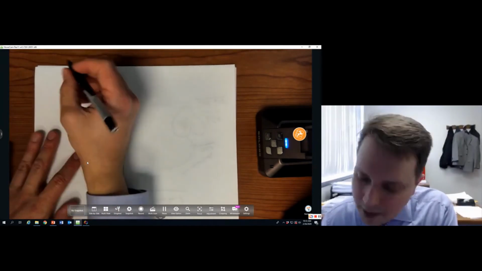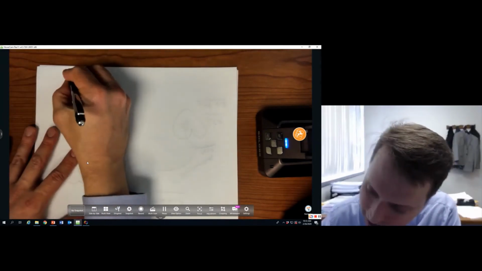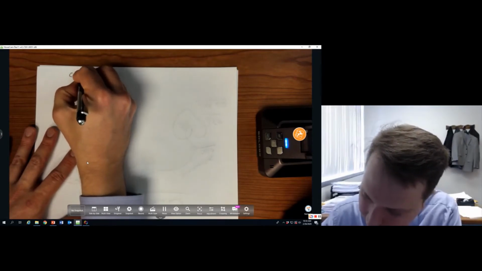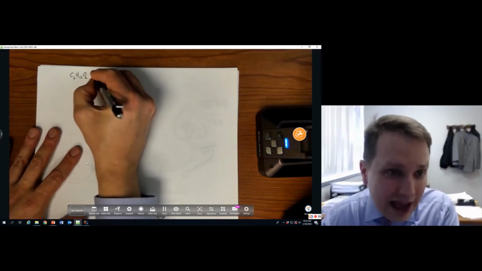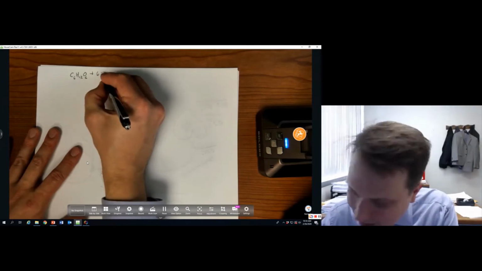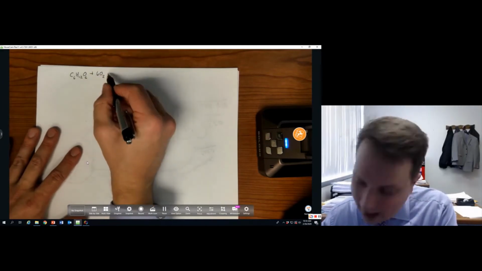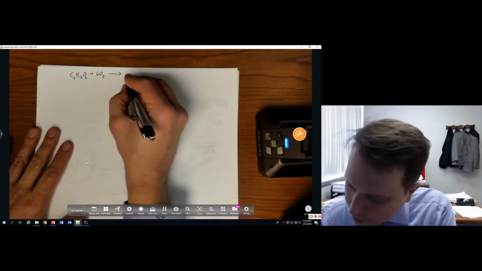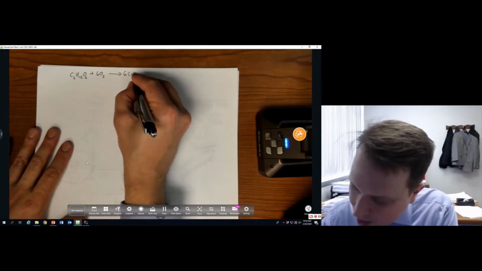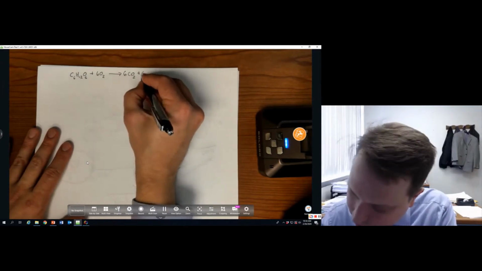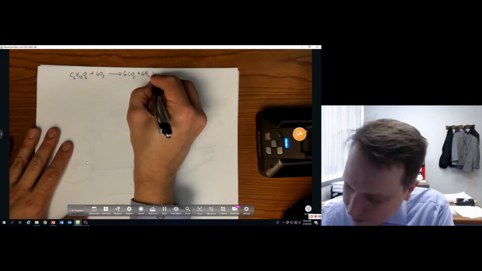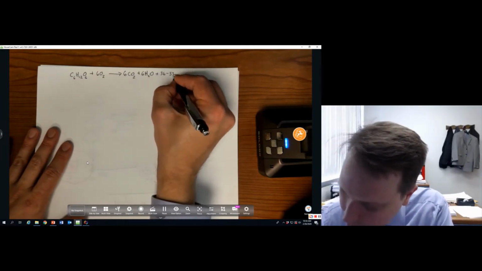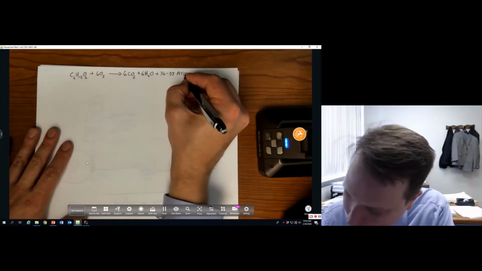In A&P1, Chapter 3, we learned that if you take C6H12O6 and 6 oxygens and combine those in the mitochondria of the cell, we will produce 6 carbon dioxides, 6 waters, and about 36 to 38 molecules of ATP.